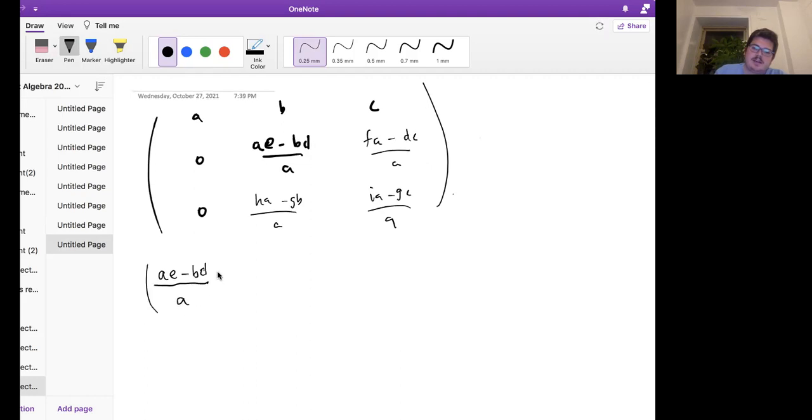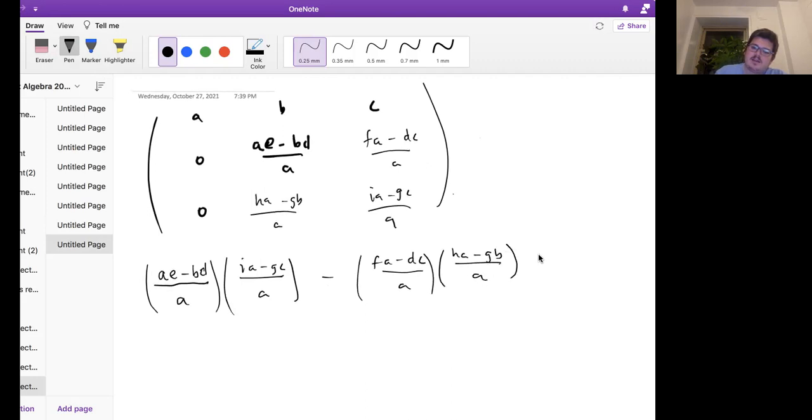(EA minus BD)/A times (IA minus GC)/A minus (FA minus DC)/A times (HA minus GB)/A is not equal to 0.